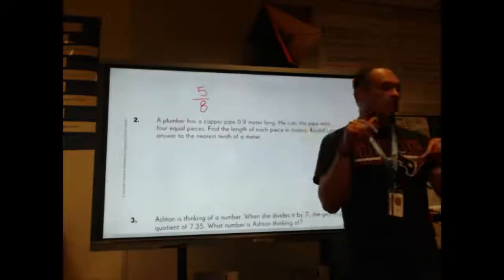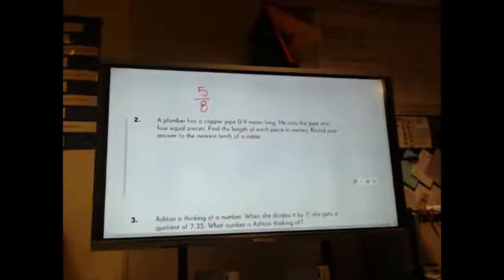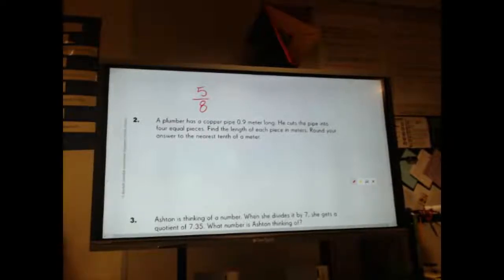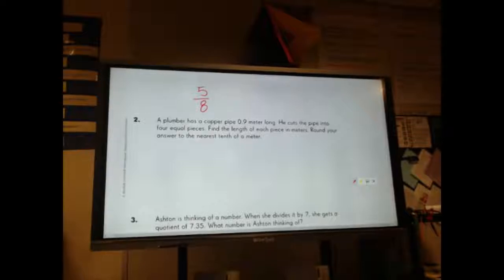Stop, turn, and talk to your neighbor. What do you know about turning a fraction into a decimal? First you have to divide.